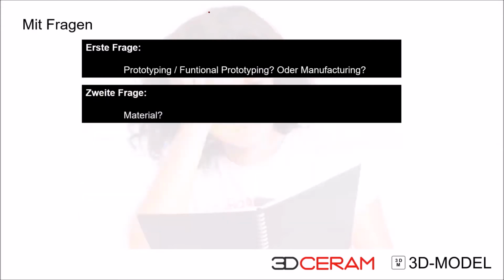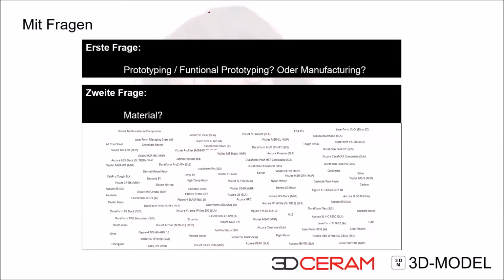And the second question is, what material? Today, we have so many options to choose from materials for additive manufacturing. Before, when I started in this business over 10 years ago, we didn't have such a choice. We only had a machine that can print maybe one type of plastic.